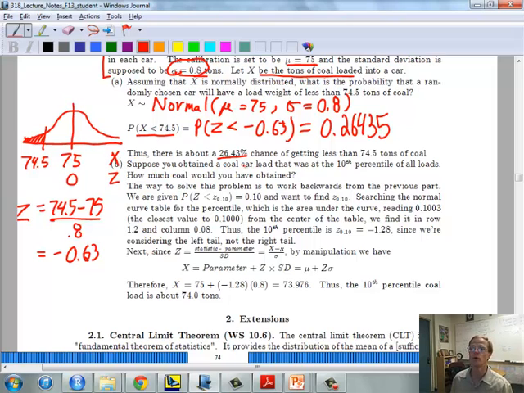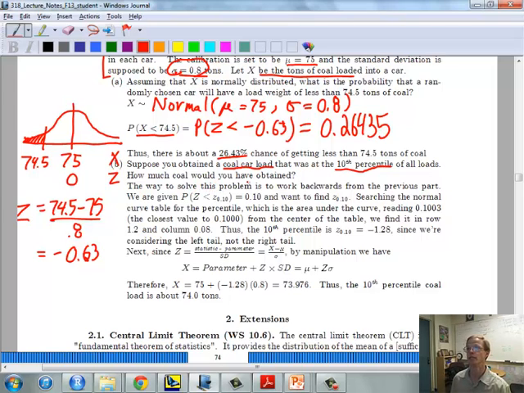So let's suppose that we go in the reverse. You got a coal car load that was in the 10th percentile of all loads. Whether that was you, maybe your child got the 10th percentile on a standardized exam. Whatever, if you start with a percentile, can you go back and find out what the score was? Yes, we can.